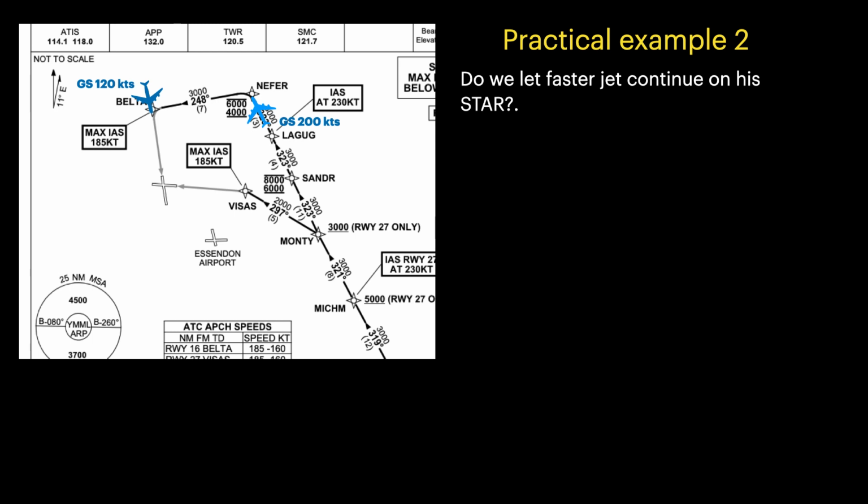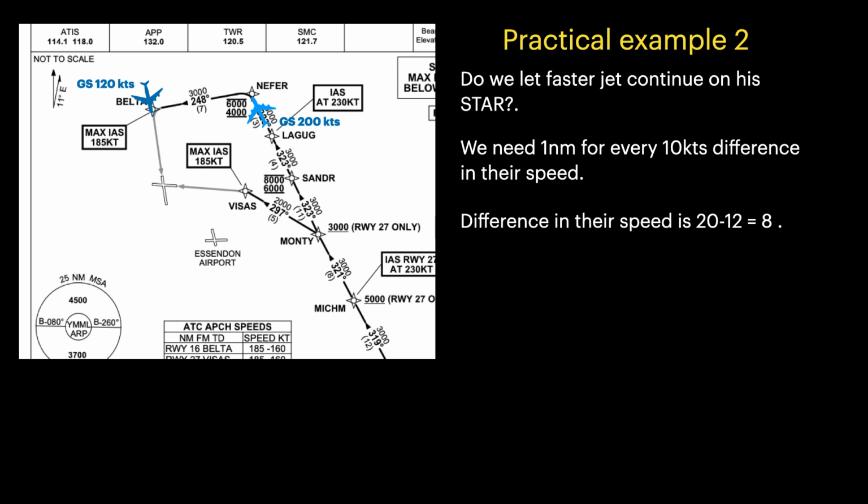I've seen a number of times guys continue the approach with the faster aircraft onto the slower aircraft. As we worked out, we need 1 nautical mile for every 10 knots difference in their speed, because 12 over 12 is 1. So we worked that out.